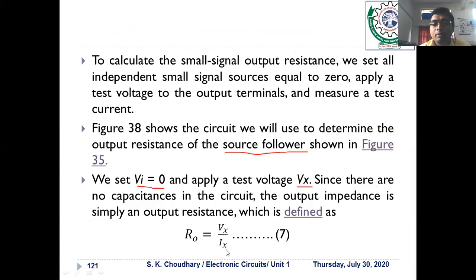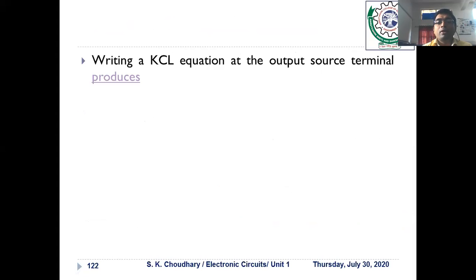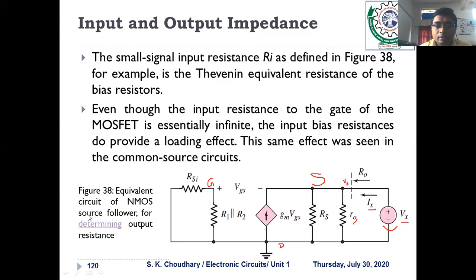Now we further elaborate this. We are going to write a KCL equation at the output source terminal. This is the output source terminal, and here we write the KCL equation.